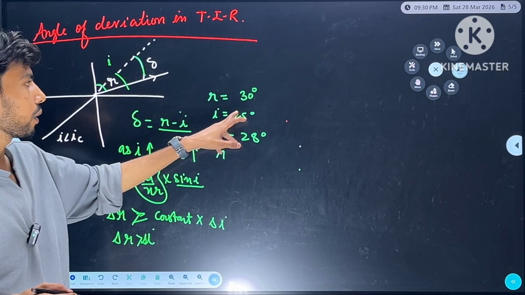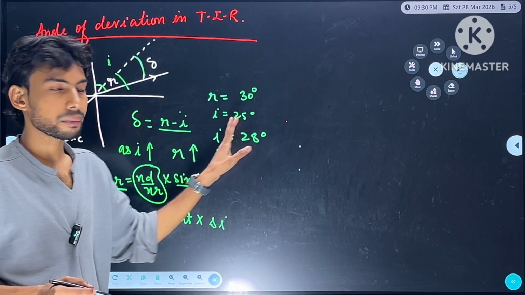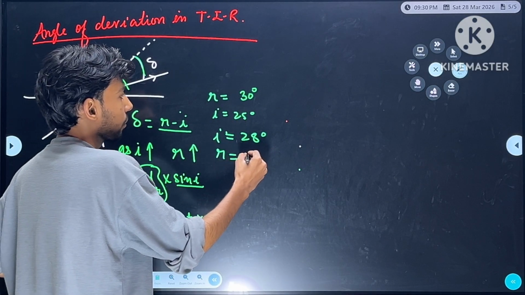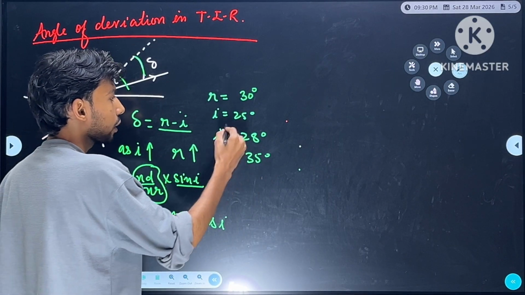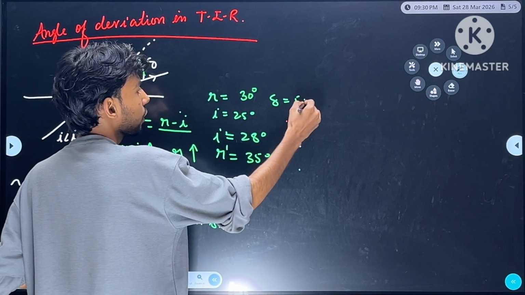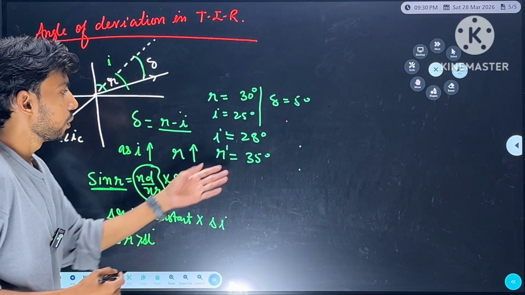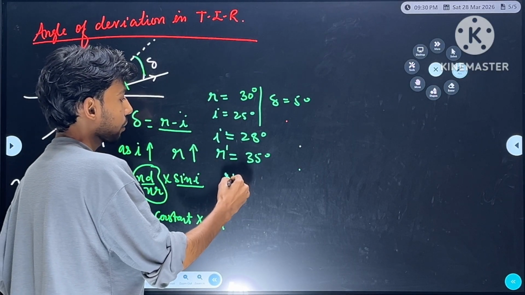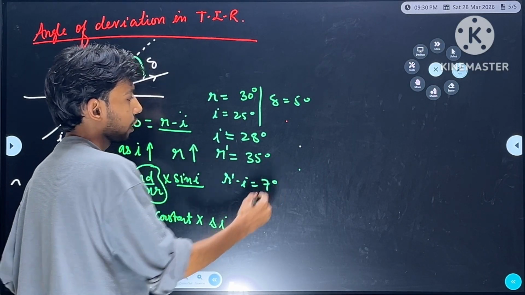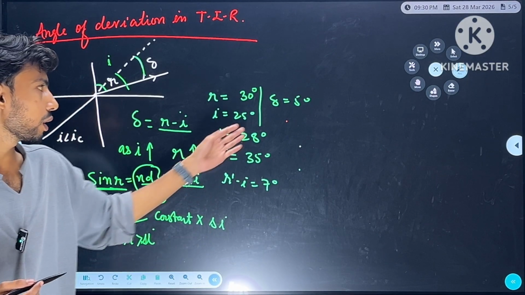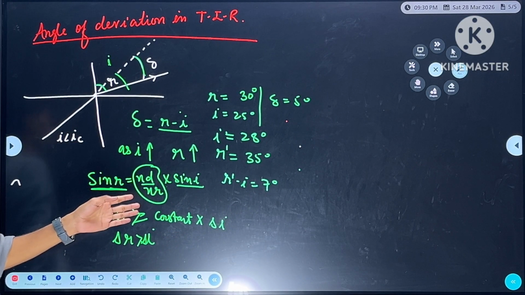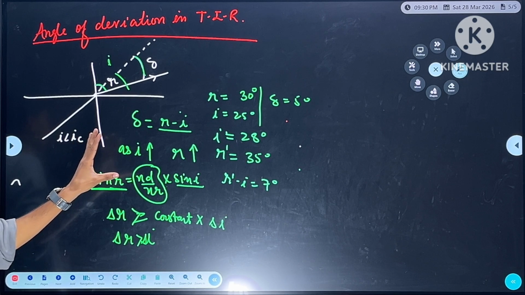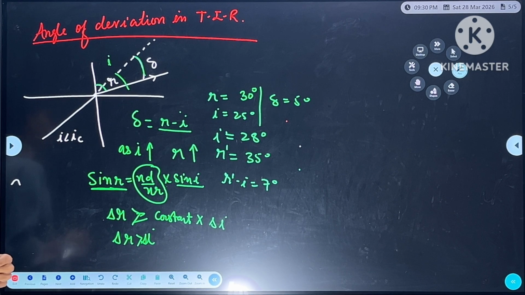R will increase by a quantity that is greater than 3 degrees. Say this R will become equal to 35 degrees. So if you calculate the new delta, initially what was delta? 5 degrees, 30 minus 25. But the new delta, if you calculate R dash minus I dash, you will get 7 degrees, 35 minus 28. That means as you increase I, the angle of incidence, delta also increased. That is only the case when the angle of incidence is lesser than the critical angle.